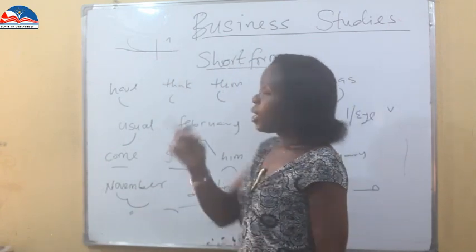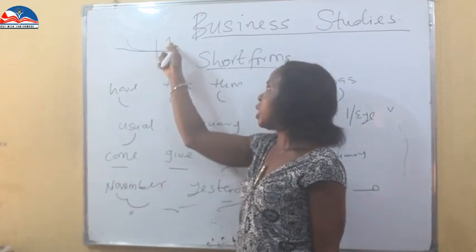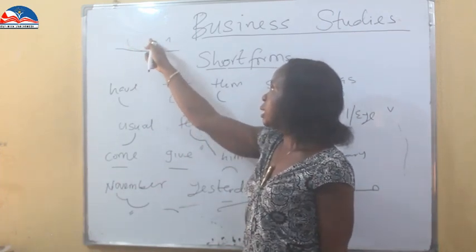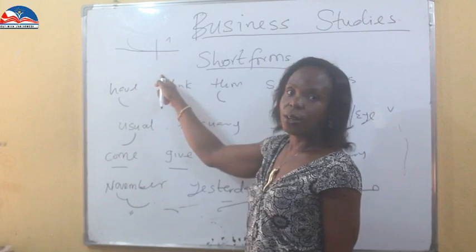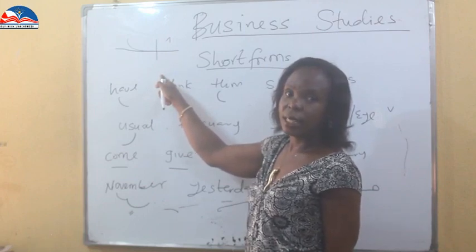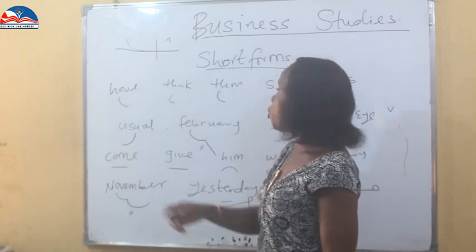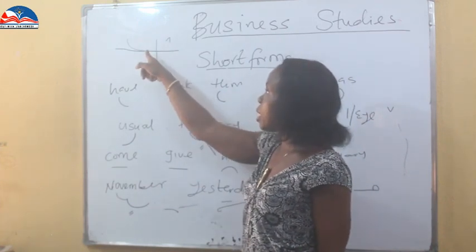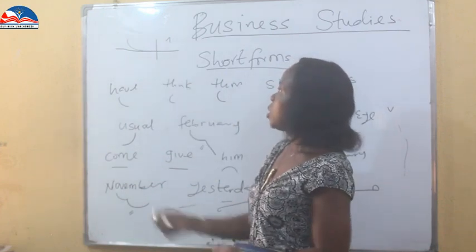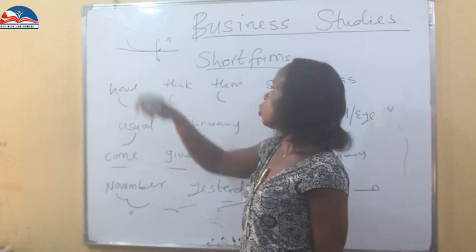So we have three positions of writing in shorthand: above the line, on the line, under the line. When it's coming under the line, you know that it's going to pass the first place, the second place, and the third place. So this will pass the first, the second, and the third.